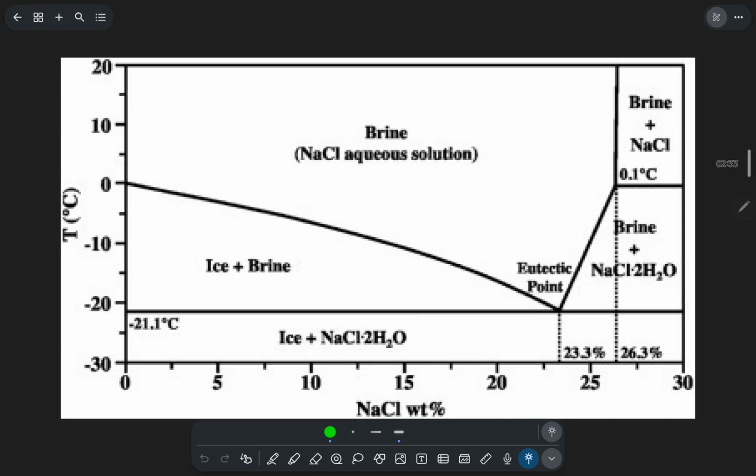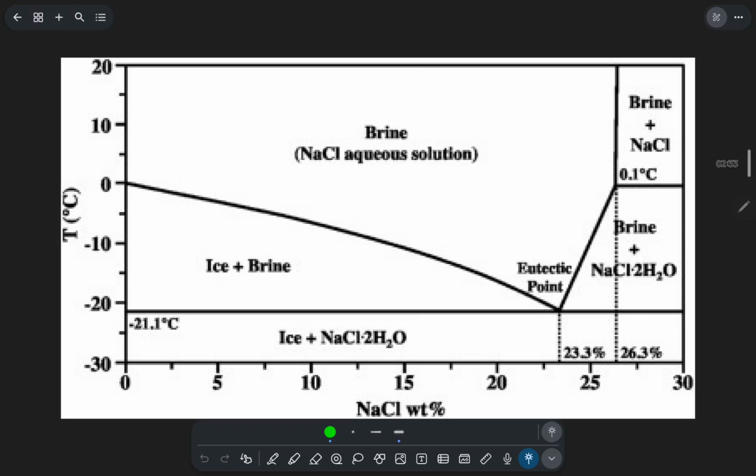But that i represents the number of particles that form in solution. Let me give you a couple of examples to give you an idea. Sodium chloride: when sodium chloride goes into solution, how many particles? 2. We would say i is equal to 2. So it's basically the number of ions that get kicked off as something dissolves in solution.